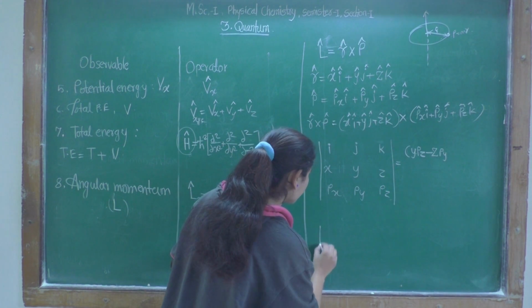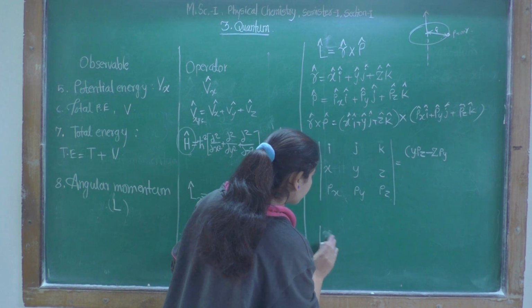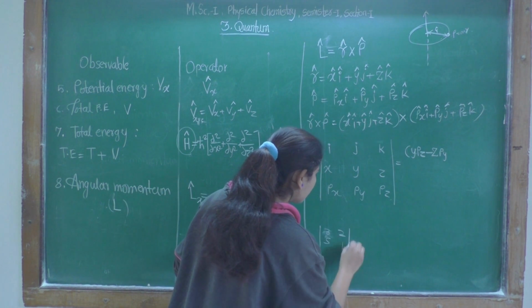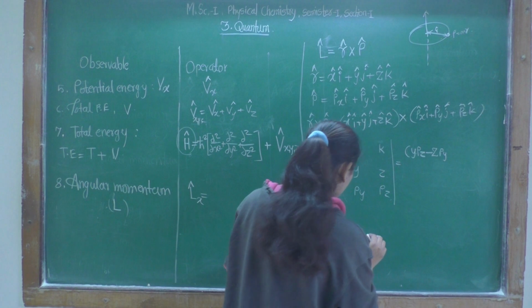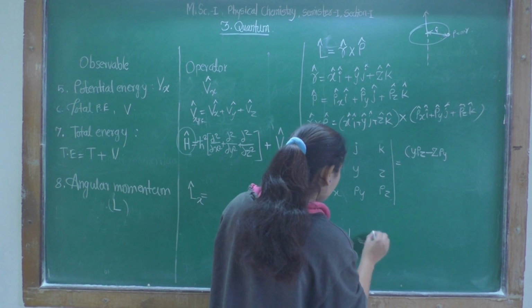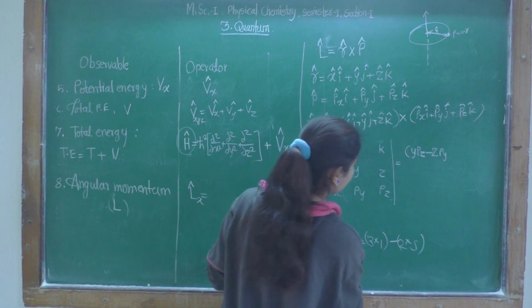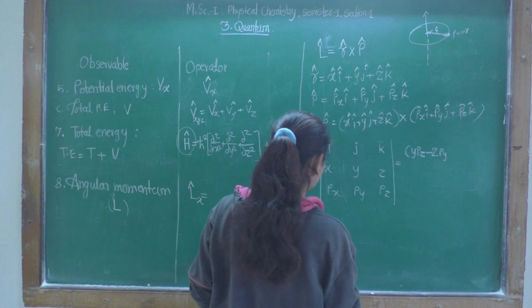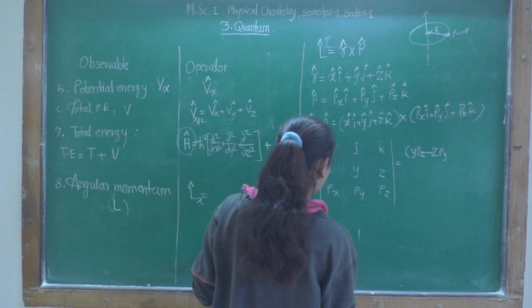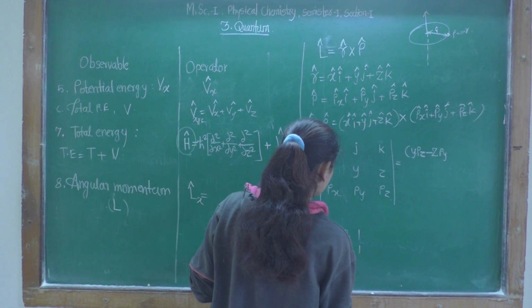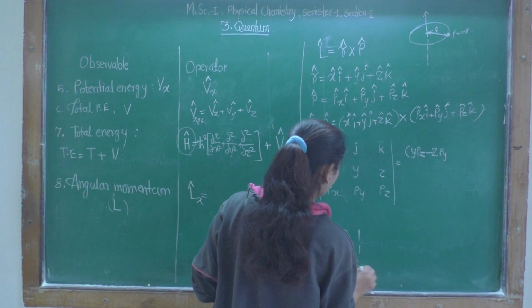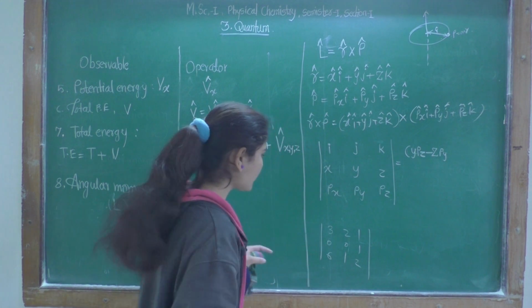How can we solve a determinant? You know, see, this is 3, 2, 5, 1. How will we solve that? 3 into 1 minus 2 into 5, right? Similarly, if we have the determinant 3, 2, 1, 0, 0, 1, 6, 1, 2, how will you solve this?